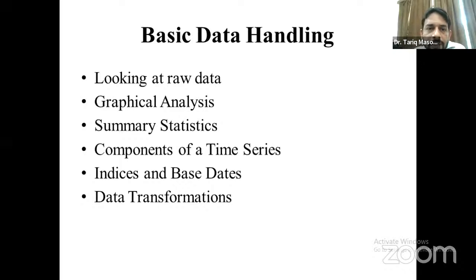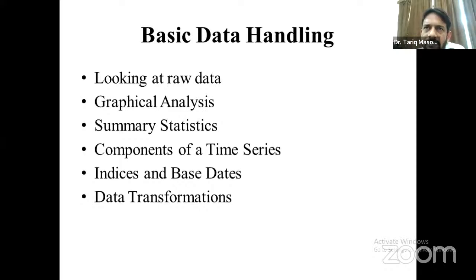Most of the time we use data from secondary sources, unless you are doing your own primary survey. It is already fed in Excel format or whatever. So you must look at the raw data very carefully.